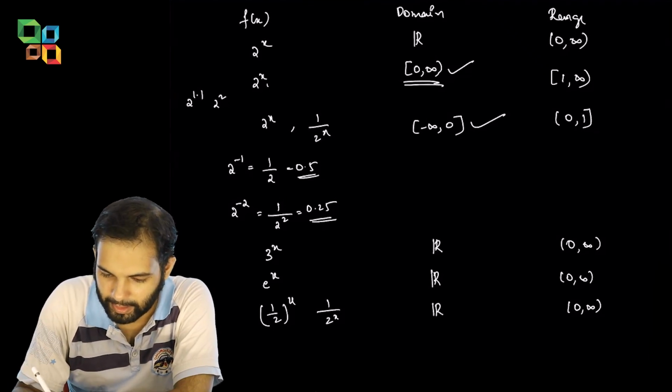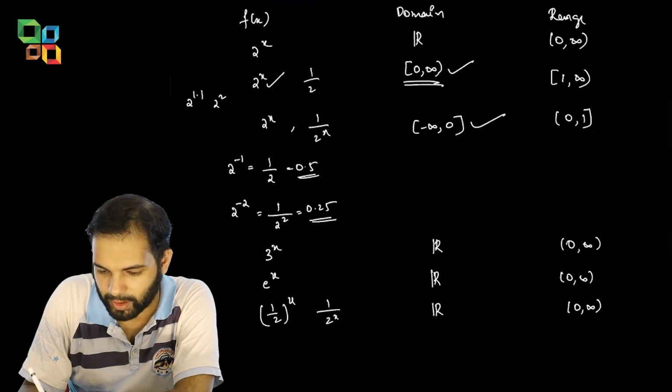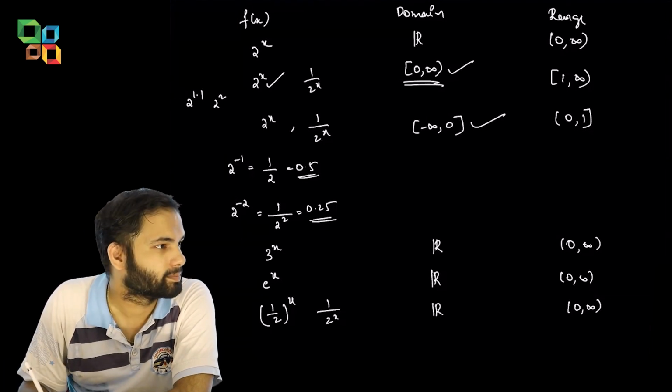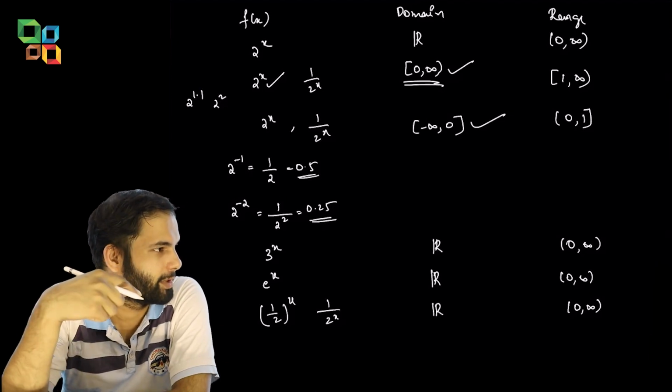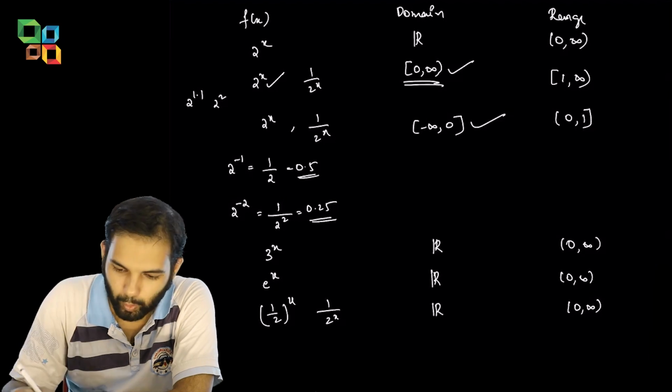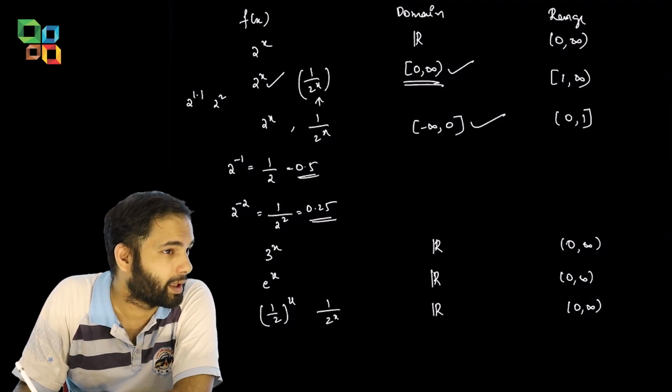So this 2 power x will be similar to 1 by 2 power x for this number. When x is negative, it will convert to 1 by 2 power x, right? When x is negative for this part, it is converting into numerator 2 power x, right?